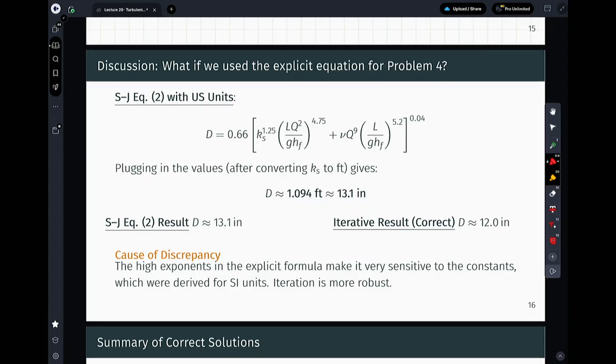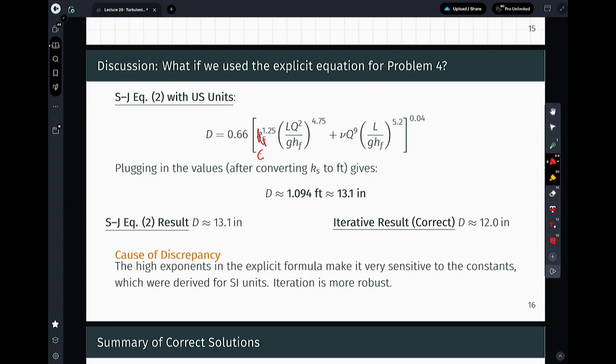So you get that 13.1 inches. The result with Swamee-Jain, 13.1 inches, diameter 12 inches.